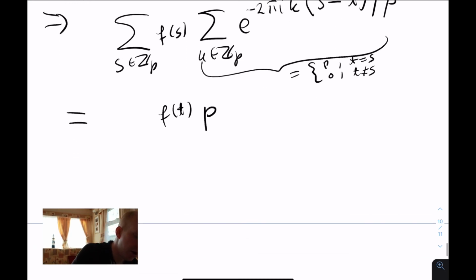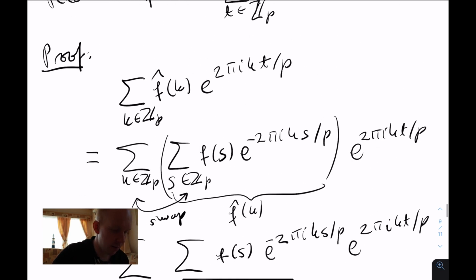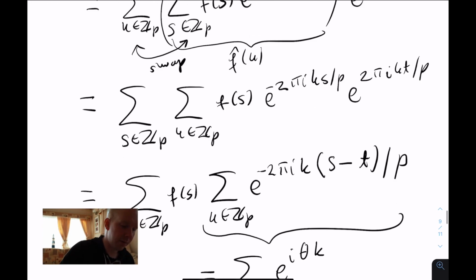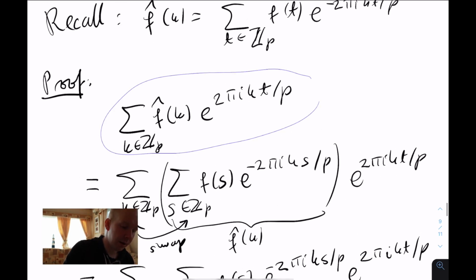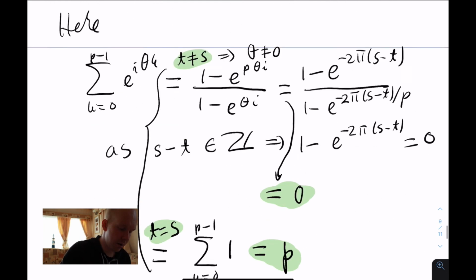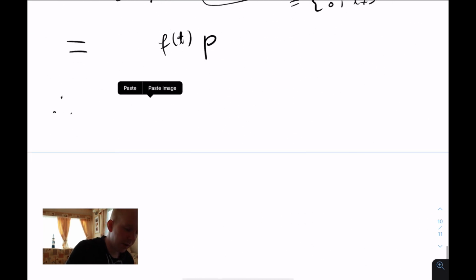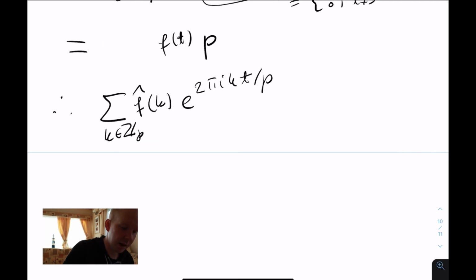And now what we have proven is that this whole expression that we have above, the one where we started from, let's copy this down here. We have just proven that this expression is equal to f(t) times p.